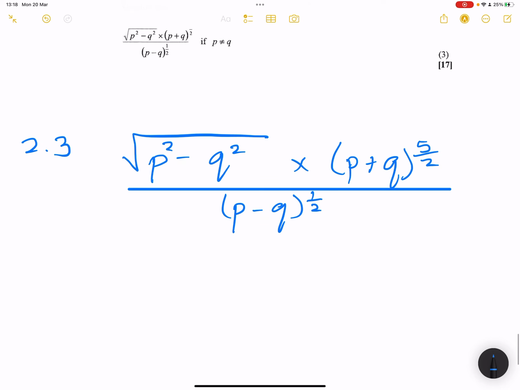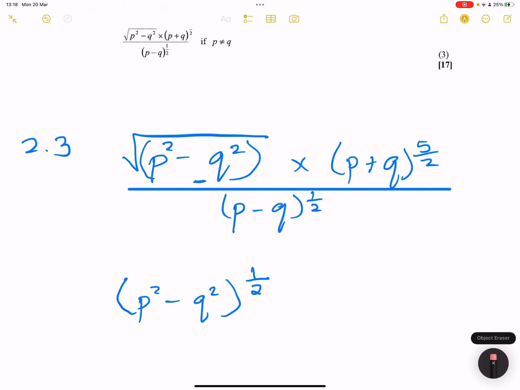Now remember, ladies and gents, we can only add exponents when the bases are the same. So what am I going to do? Let's change that into exponential form. That becomes p squared minus q squared raised to the exponent 1 over 2.